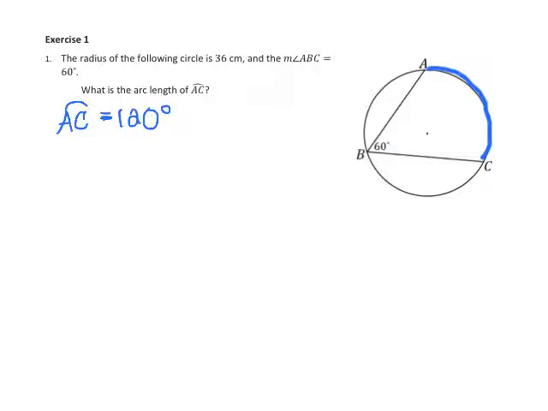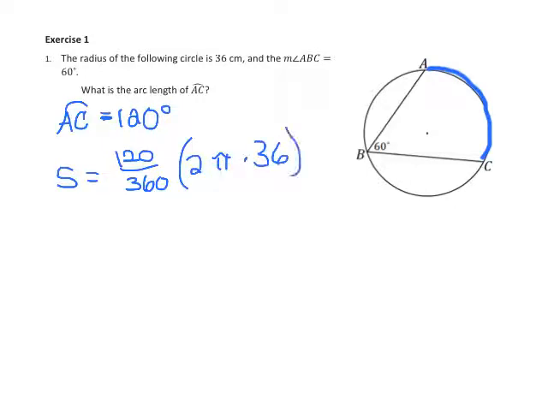The degree measure of the arc is equal to the central angle, so we can use that degree measure to set up our scale factor and find our arc length. So it's 120 over 360, and we multiply that by 2 times pi, and the radius is 36.